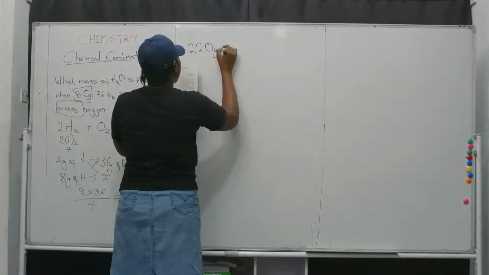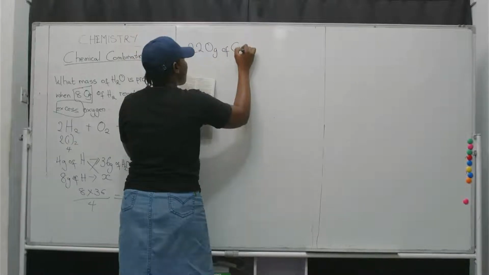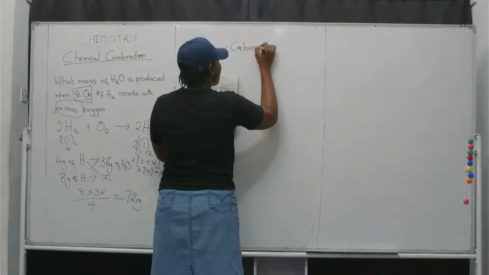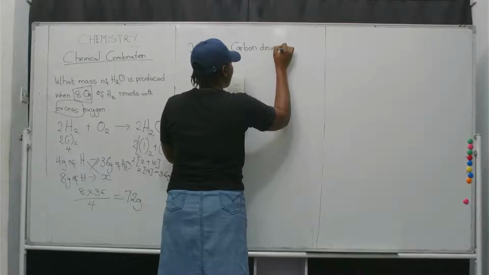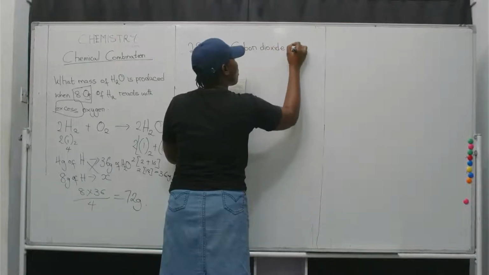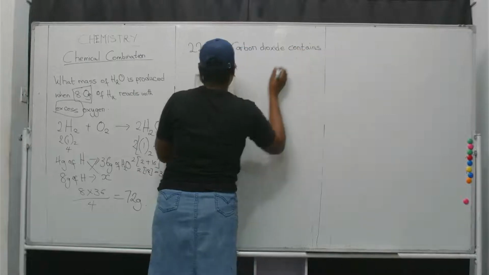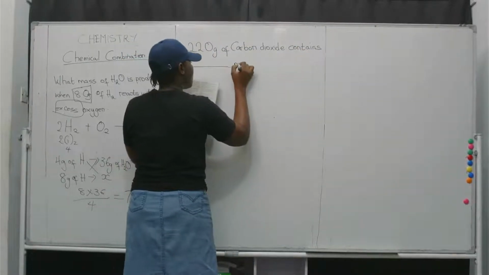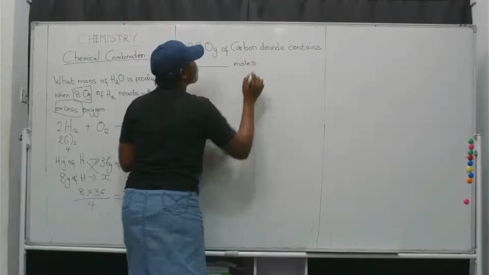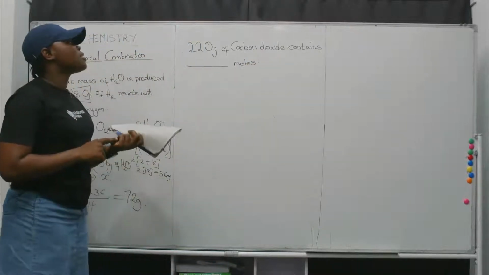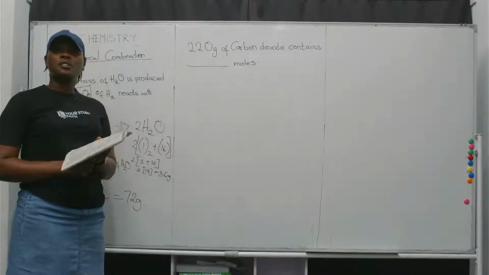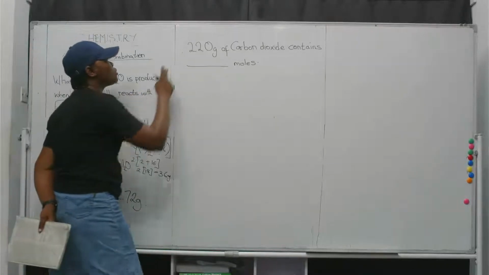220 gram of carbon dioxide contains dash moles.